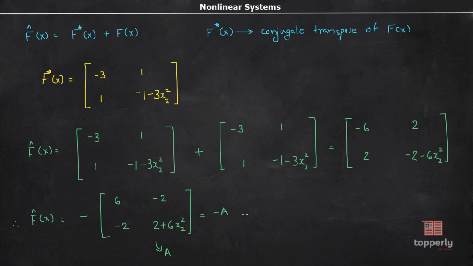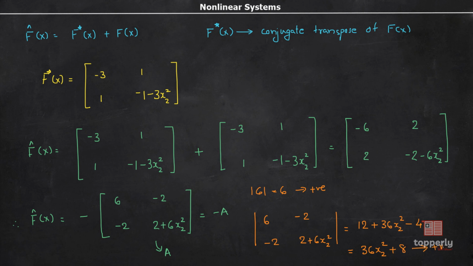Therefore, checking the principal determinants of matrix A, the determinant of 6 is equal to 6, which is positive, and the determinant of 6, minus 2, minus 2, 2 plus 6 x2 square is equal to 12 plus 36 x2 square minus 4, which is equal to 36 x2 square plus 8, and this is always positive.